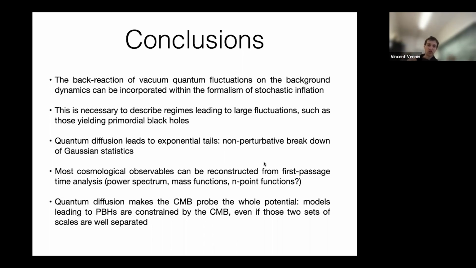So you cannot just treat the CMB channel and the PBH channel as being separated and just tweak your potential to match the CMB and tweak your potential to match, say, a desired distribution of primordial black holes. The reason is when you do that, you induce a phase dominated by quantum diffusion at late time, and this will have an effect on CMB observables. So you have to do those two things all together in a consistent way.